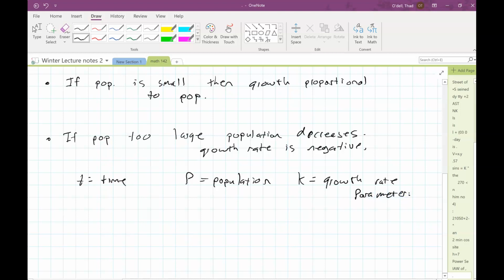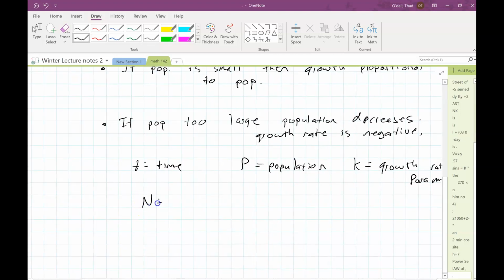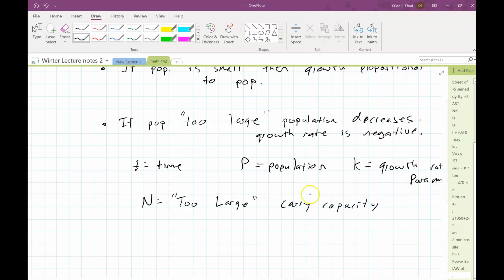And now we have a new parameter, which we'll call N. This is how we measure too large. In the assumption we said that if the population is too large, then the population decreases, so the growth rate is negative. So N is going to measure too large, and we usually call that the carrying capacity. This will be different from forest to forest or field or wherever rabbits live.